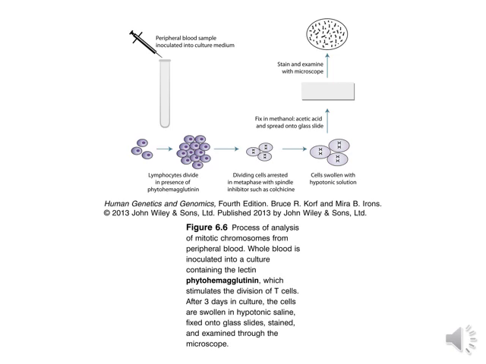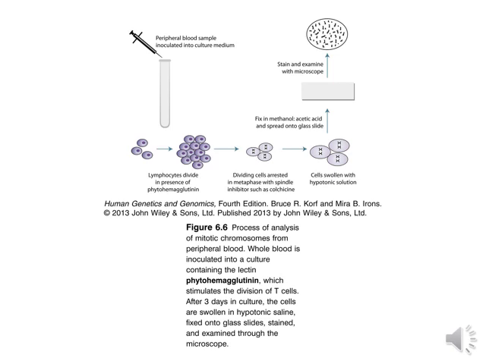It was the discovery of the hypotonic treatment in 1956 that ushered in the era of clinical cytogenetics. Prior to that, chromosomes appeared clumped within the nucleus and could not easily be distinguished from one another. The normal human chromosome number at that time was thought to be 48.